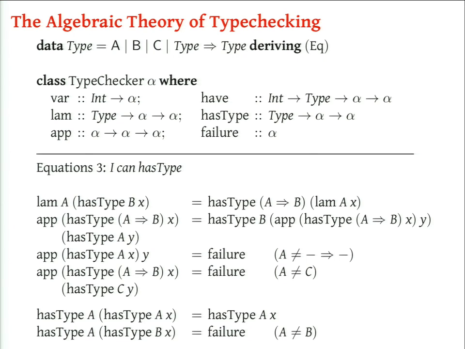If we try and assert that the argument position in an application doesn't have a function type, then we fail. If we try and assert that the argument type doesn't match in an application, then we fail. Has type, if we assert that the term has the same type twice, then it's okay. And if we assert that it has two different types, then we fail.